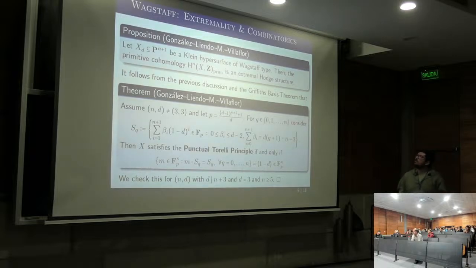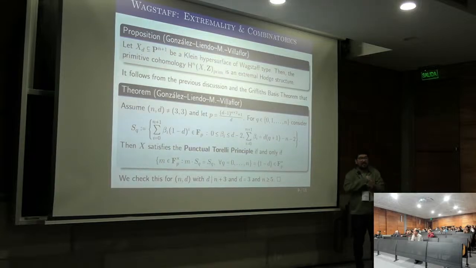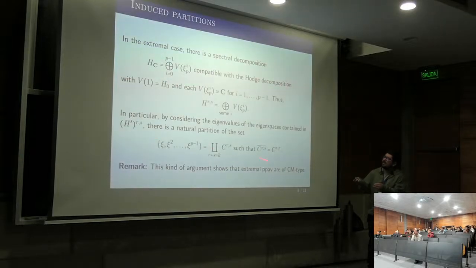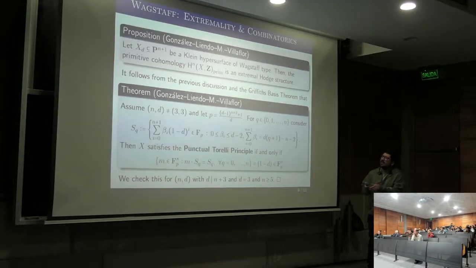And once you know that, the idea is the following. You have this package, this partition that I showed you before, and there are two naive automorphisms of the Klein hypersurface.